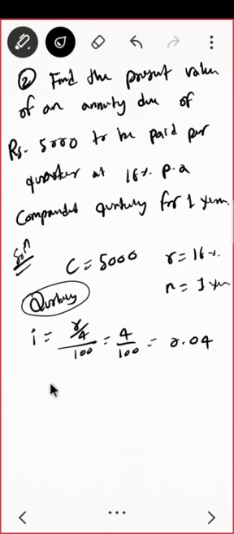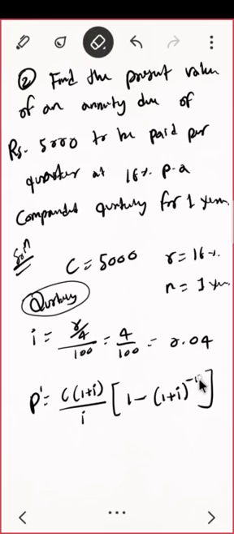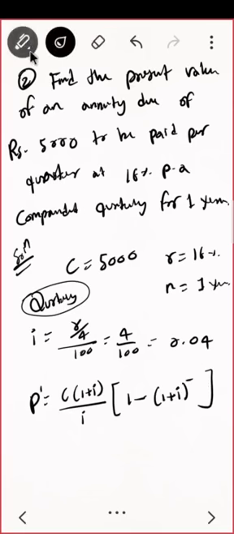And what is the formula for P dash? In place of C, C into (1+i) upon i into 1 minus (1+i) raised to minus n, correct. Let us put the value. But in place of n what do we put? 4n, since it is quarterly.